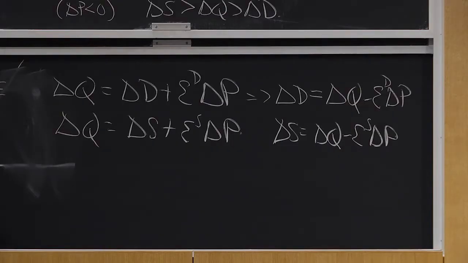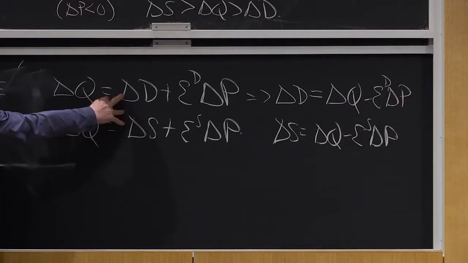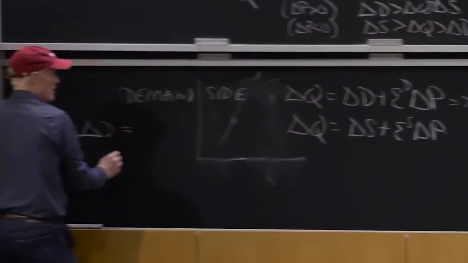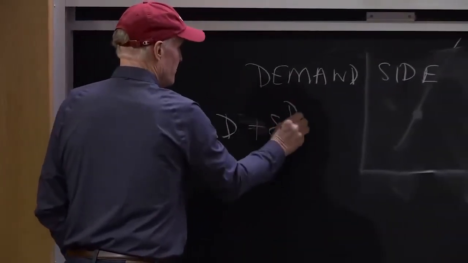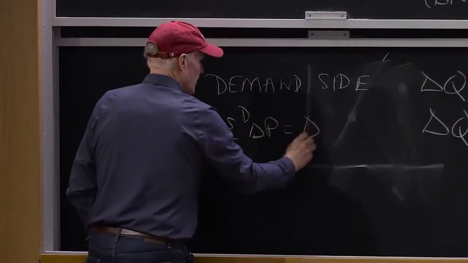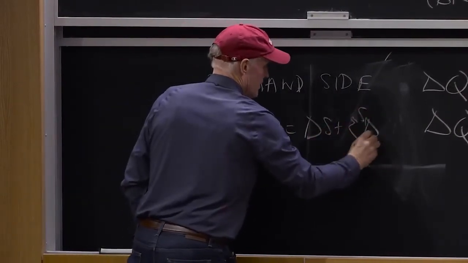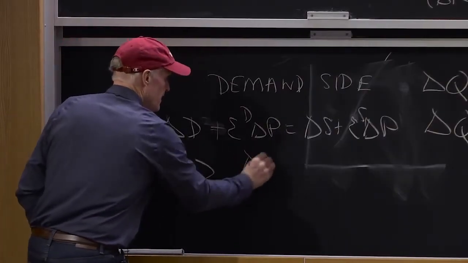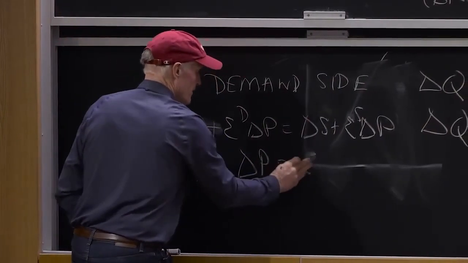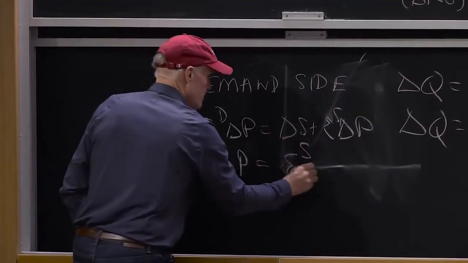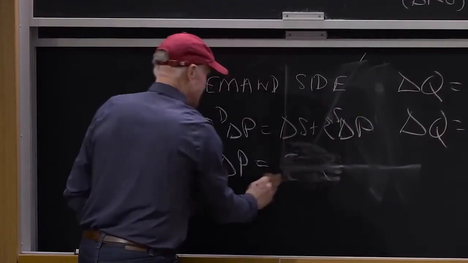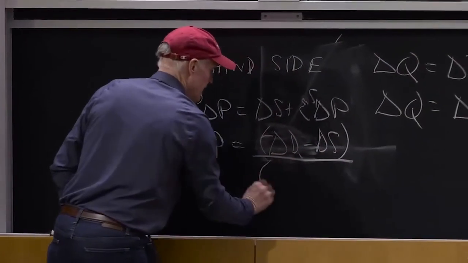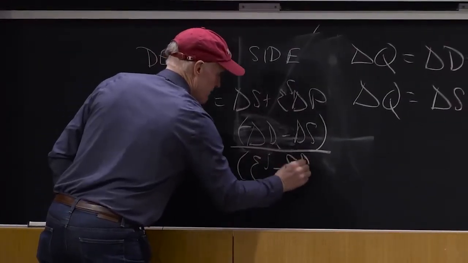Now you can solve these two equations by setting them equal to each other. You get delta D plus epsilon D delta P equals delta S plus epsilon S delta P. That implies delta P equals (delta D minus delta S) divided by (epsilon S minus epsilon D).